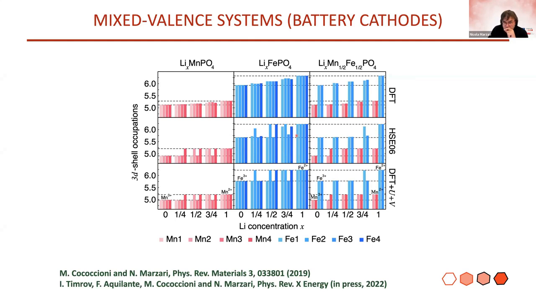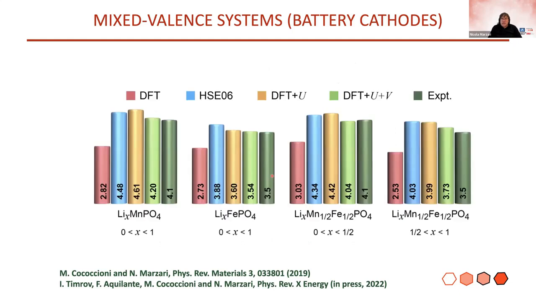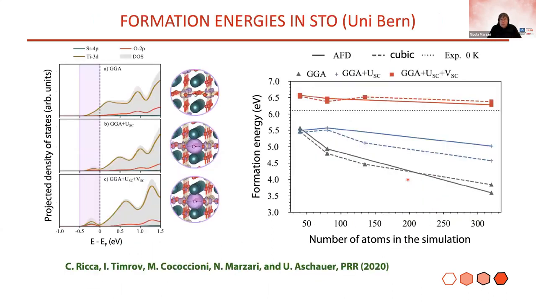Hybrids do a much better job, but you see they're still imprecise quite a bit compared with, say, DFT plus Hubbard. And you see that in the voltages: DFT plus Hubbard plus U plus V predicts the light gray voltages compared to the experiments, that they are much, much better than the red DFT voltages and quite significantly better than the hybrid voltages, and in particular for the right reason, getting the oxidation states.